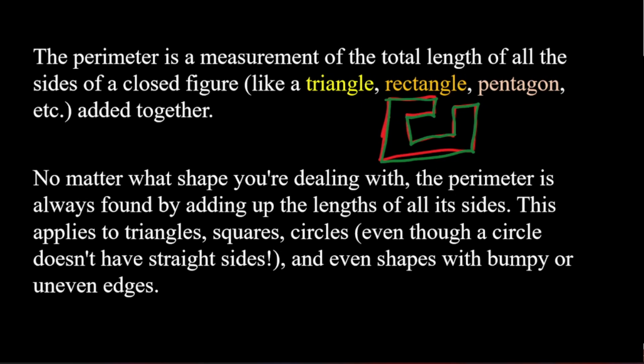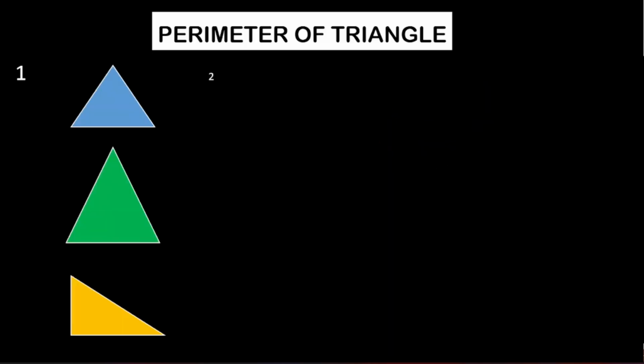We now move to the next, which is we start from triangle. As we have discussed before, we have different types of triangle. In this, we're going to look at these three types. The first one here is the equilateral triangle.